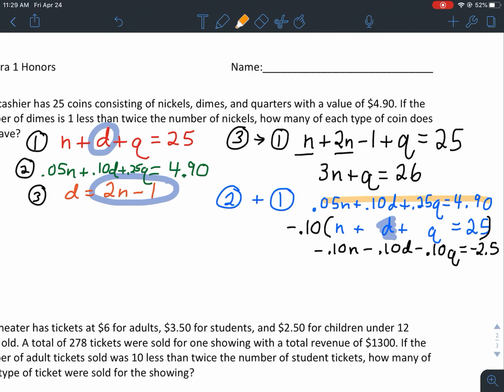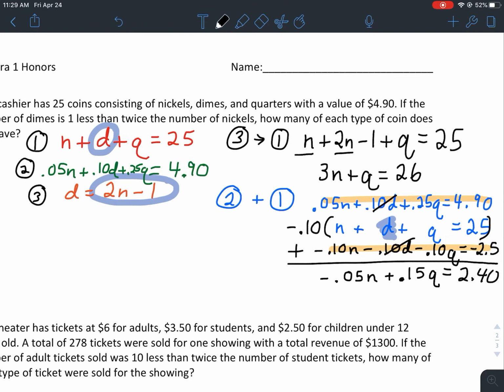Okay, so now I'm going to add these two together. When I do that, I end up getting negative 0.05n. My d's cancel out. I have plus 0.15q equals, and then I have 490 minus 250 would be 240.